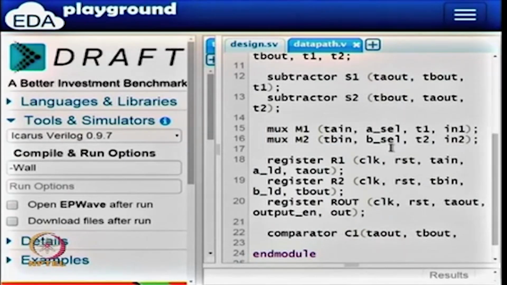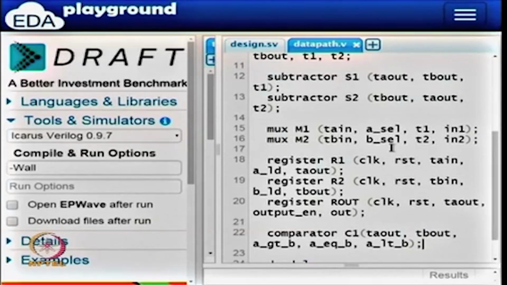These are the two data inputs, and there are three outputs, namely A greater than B, A equal to B, and A less than B.